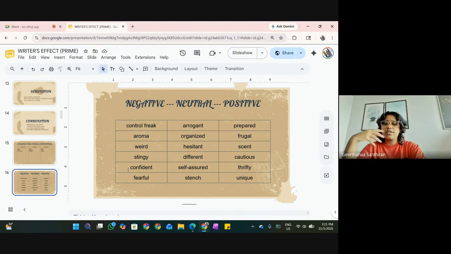Confident is like you have the skills and your skills speak for themselves. Arrogant, okay, you know what you're doing, but you think you're better than everybody else. Like you think you're superior. So that's what makes it negative, right? So then arrogant is negative, confident is neutral, and self-assured is positive. Arrogant, confident, self-assured.